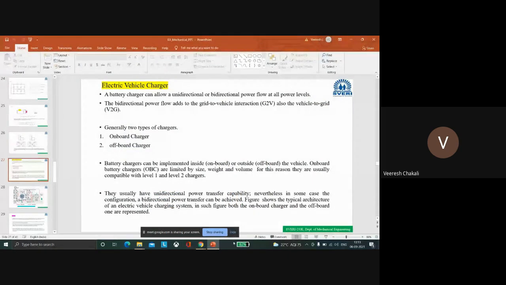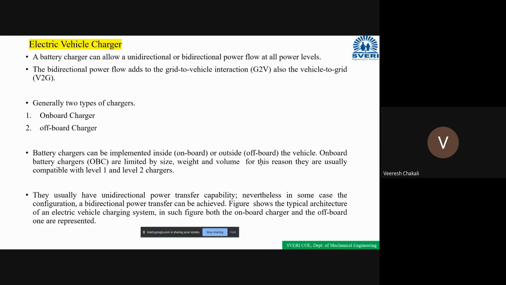What is an onboard charger and what is an off-board charger? An onboard charger is a battery charger implemented inside the vehicle. The charger is permanently placed inside the vehicle. That charger is called an onboard charger.